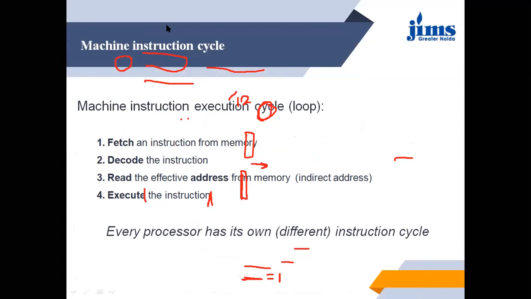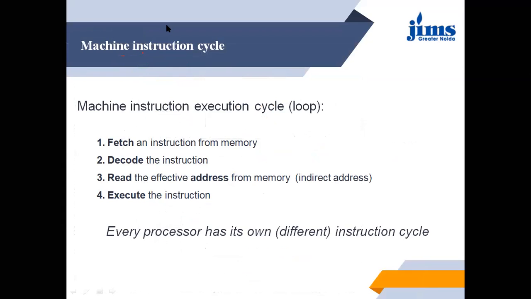So when we are discussing the control instructions or machine instructions, then there are 4 things. Each and every machine has 4 steps in execution of an instruction. First one is fetch, to fetch an instruction from a register or a memory, and then to decode that instruction.